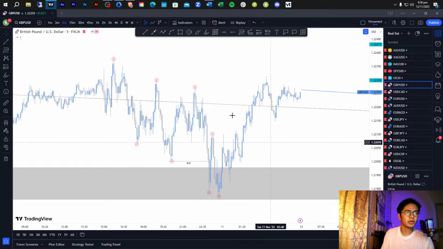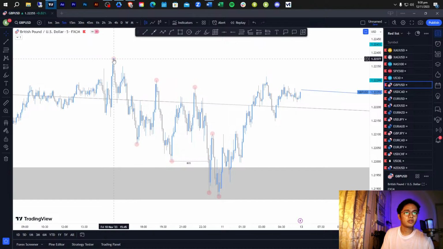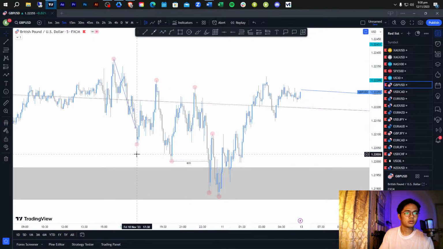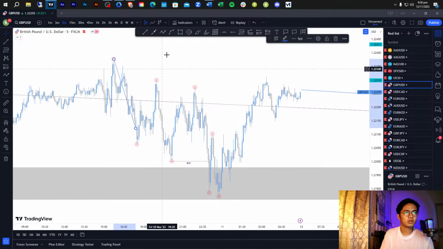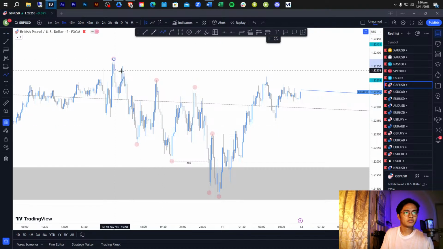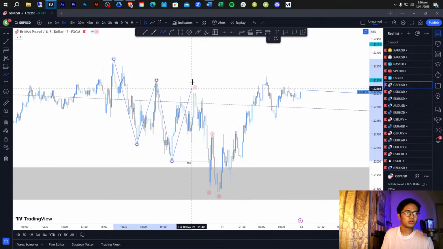So we see that the price just created a high, higher low, lower low, higher low, lower low. Let's use this on GBP USD. It's the low and high, low, then high.